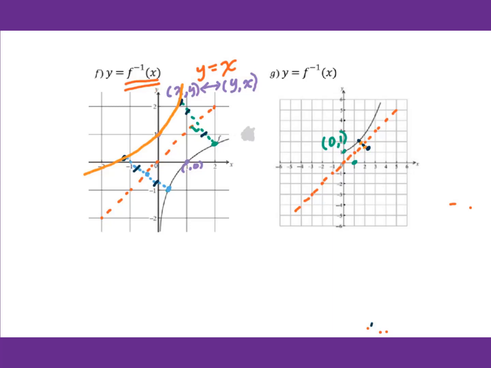This is the same distance. Then I go here, draw the vertical line, and then the same distance. Then you can connect these 3 points. This will be the inverse function.